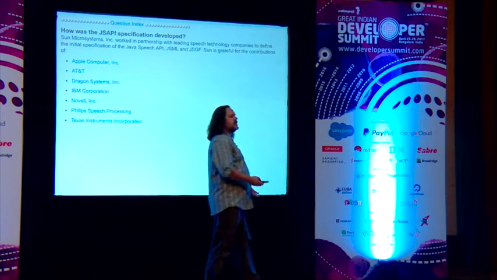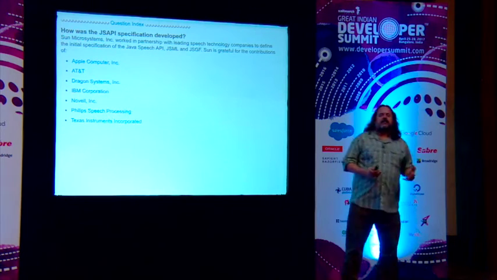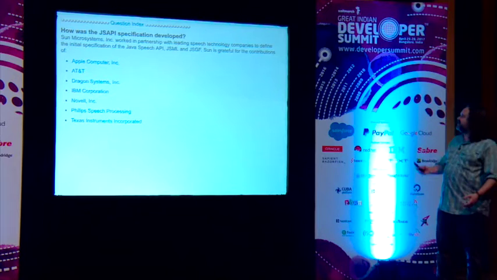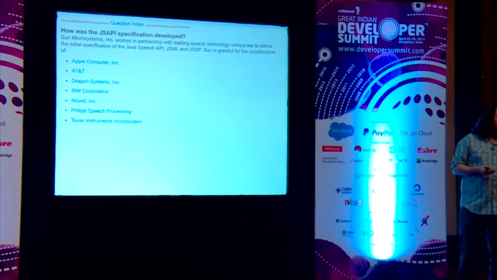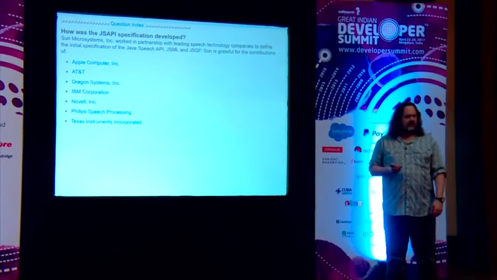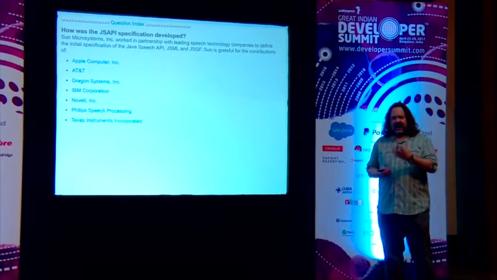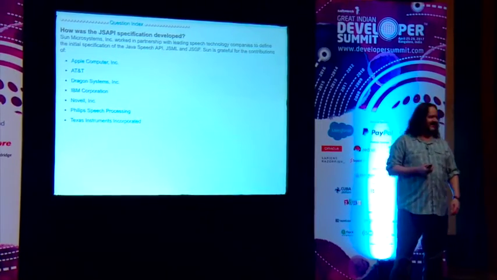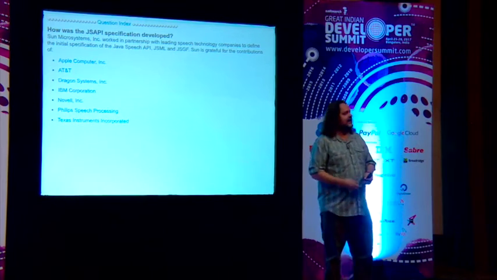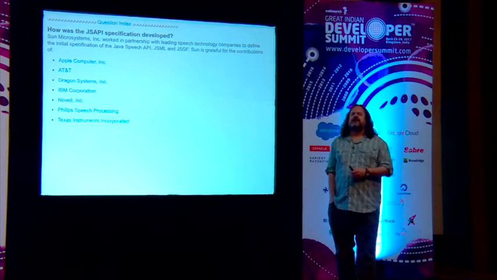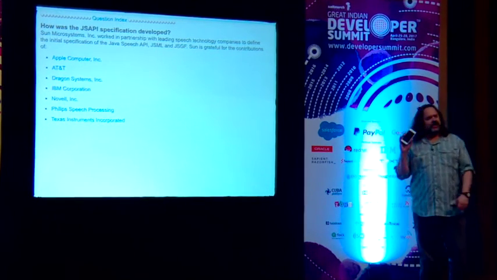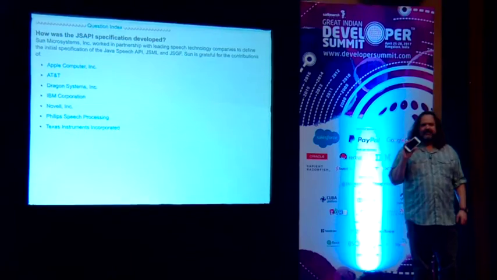So when Sun was working on this spec, they were working with a lot of leaders at the time. Now, it's funny that Apple is listed first, right? This spec was being worked on in the late 90s. Apple was working on conversational UIs back in the late 90s. We're only now beginning to see Siri come to fruition because more than anything else, these are tiny little quad-core processors that we're carrying around in our pocket.